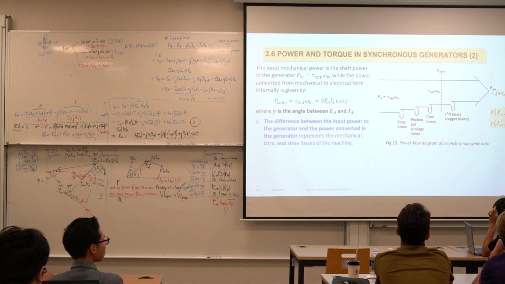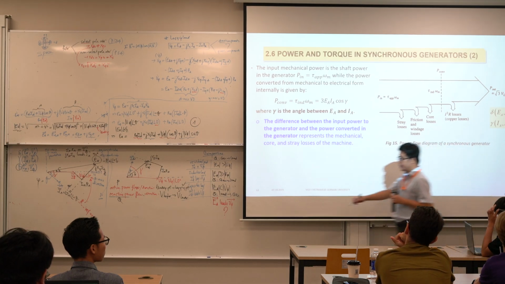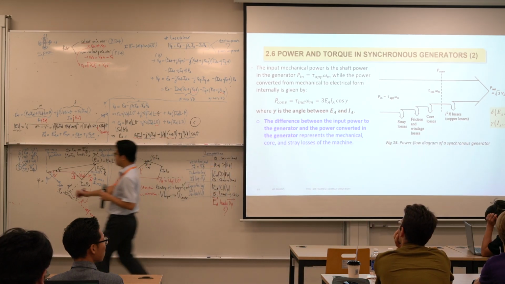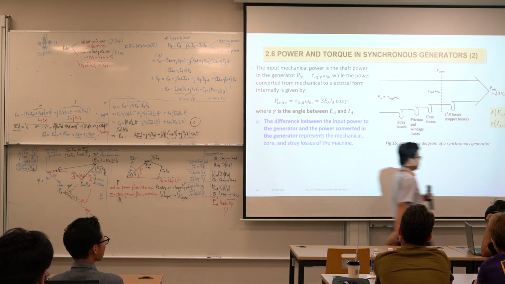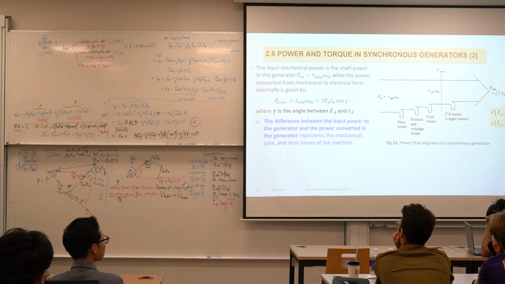What does EA mean? EA means internal. Internal means at the air gap we don't take into account the stator winding. So if we use EA and IA, how about the phase angle? The power factor here is gamma.